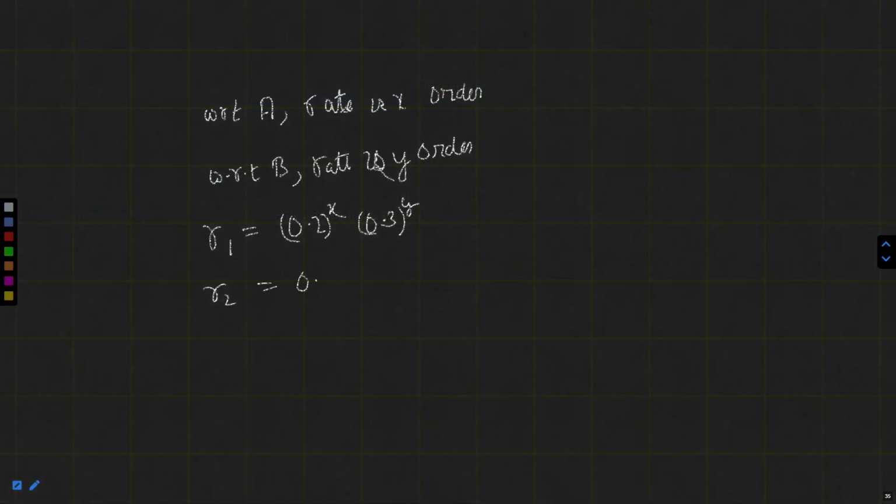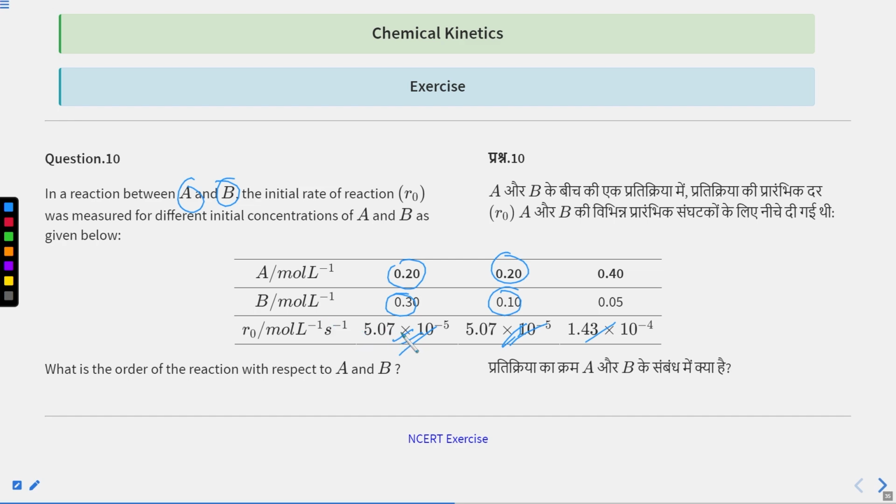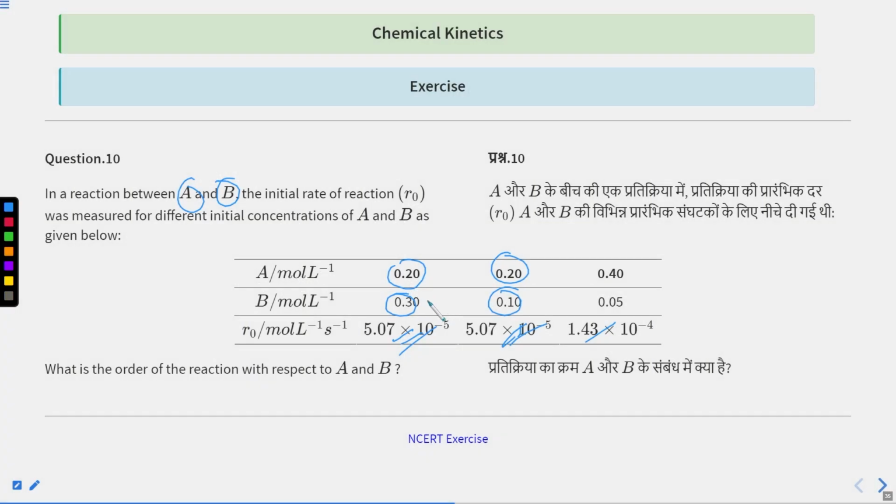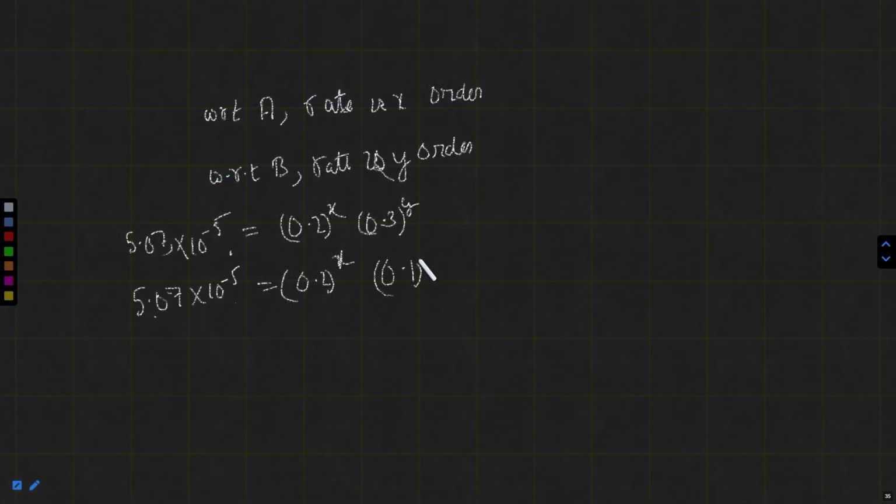So I'm writing the value of rate also. It is 5 into 10 to the power minus 5. And this one is also 5 into 10 to the power minus 5. Actually, it is 5.07. This is 0.2 to the X and this is 0.1 to the Y.